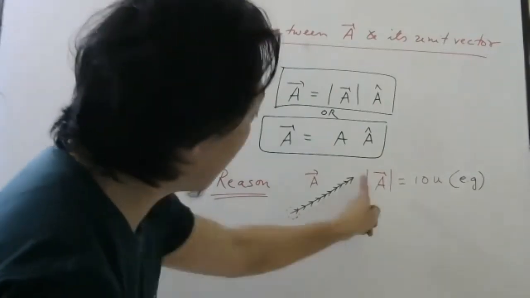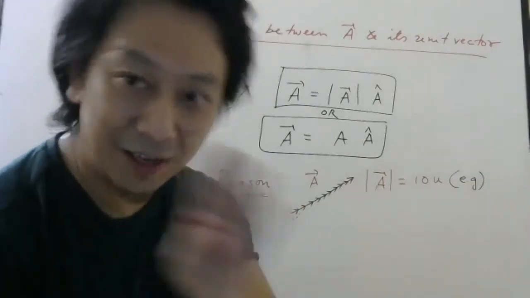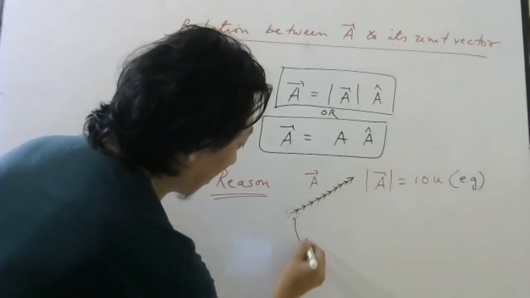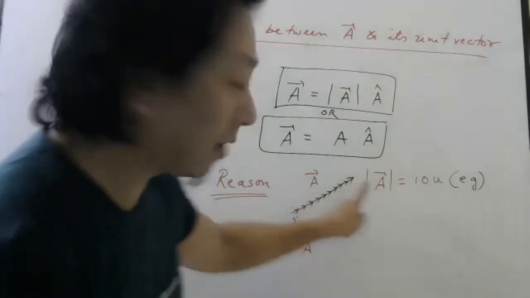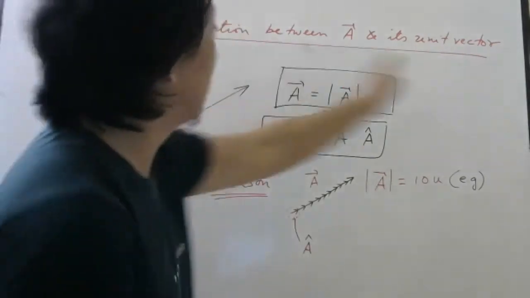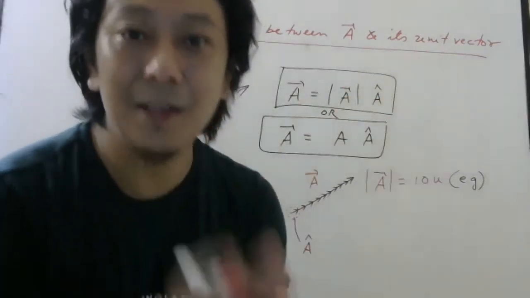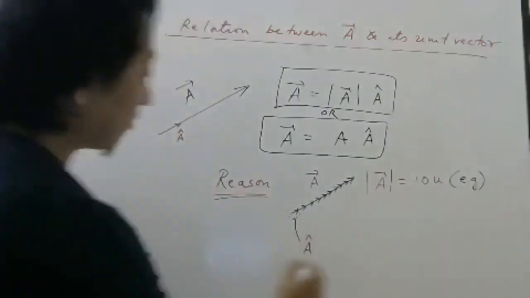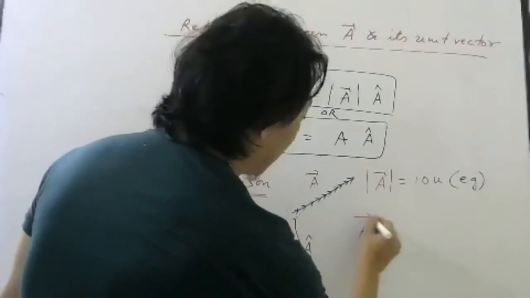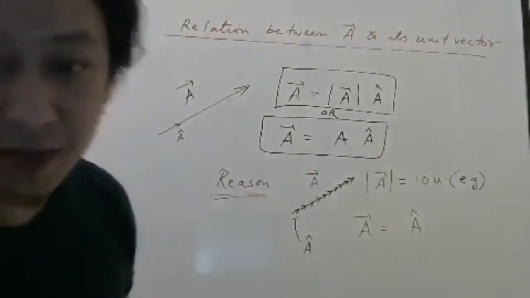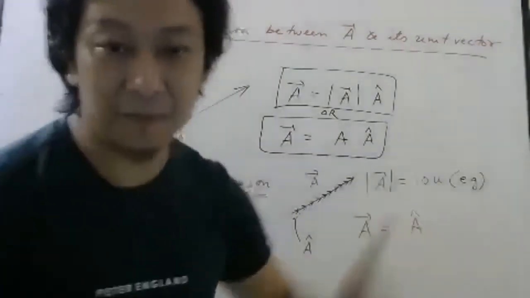Any one of them will be 1 unit. Understood? That means any one of them is nothing but a unit vector, because a unit vector means a vector whose magnitude is 1. So now if I say A bar is equal to A cap, will you accept?